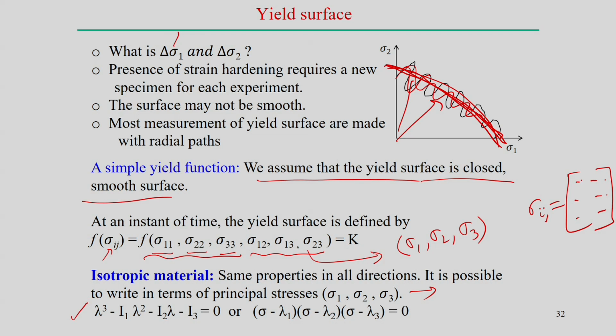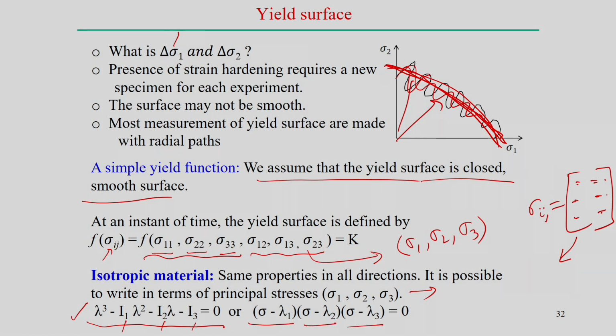If we have the stress components, from here we can find the characteristic equation, and from this characteristic equation we can form the cubic equation. This cubic equation is in this form, where I1, I2 and I3 are the stress invariants, and lambda is basically the roots of this equation. So, these roots of this equation are the principal stresses. This equal to 0, or the algebraic form of this equation, can be represented as sigma minus lambda 1, sigma minus lambda 2, sigma minus lambda 3.